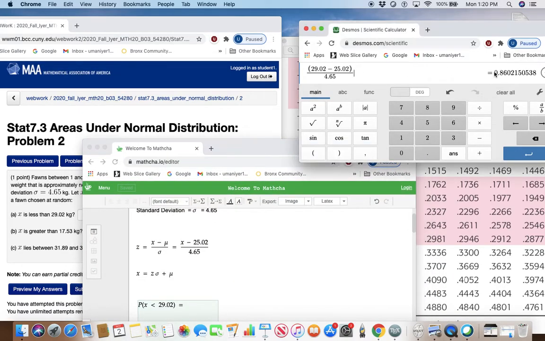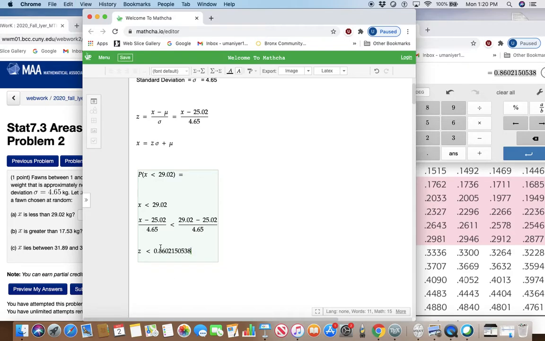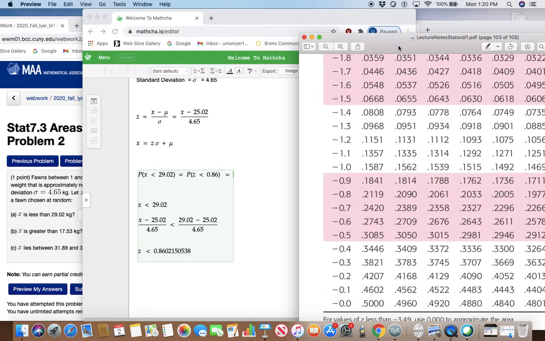That's the standardized score for Z. We look at 2 digits after the decimal point: 8, 6, and the following one is 0, so I don't need to write the rest. This is the same as the probability Z less than 0.86. We are looking for the left area using our table. Now with the Z score, we are able to use the table.